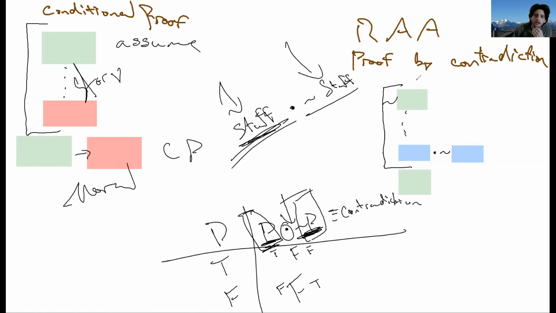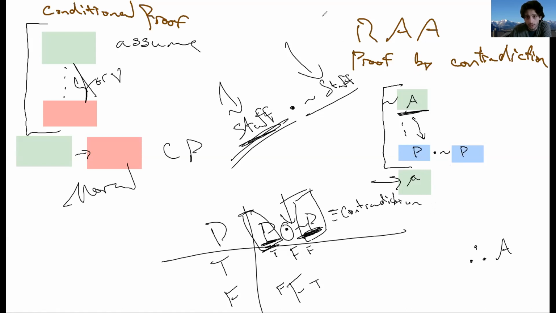Again, the idea behind an RAA is you're trying to prove something like A at the end of the day. So if you're trying to prove A, you assume not A. Then, based on assuming not A, we're going to get down to believing P and not P. If I can show you that assuming not A leads to this contradiction, then you should turn right around and believe the opposite of what we started with all along.